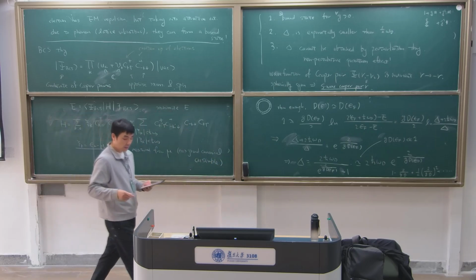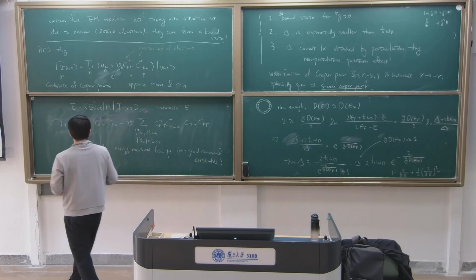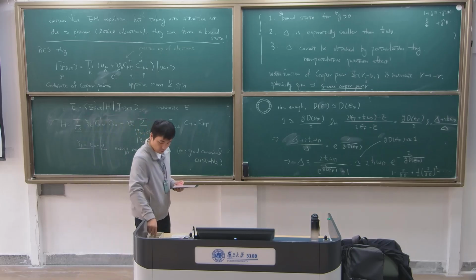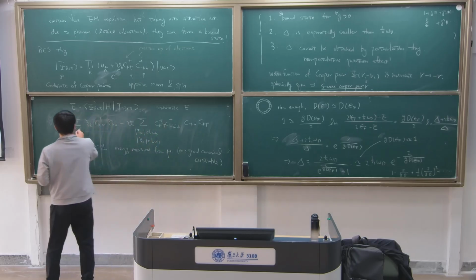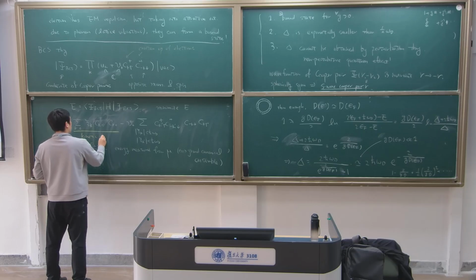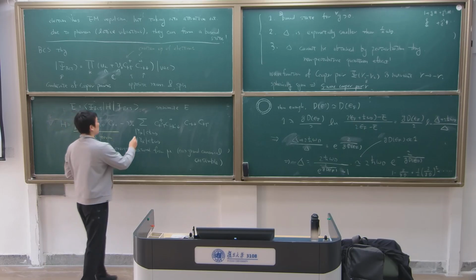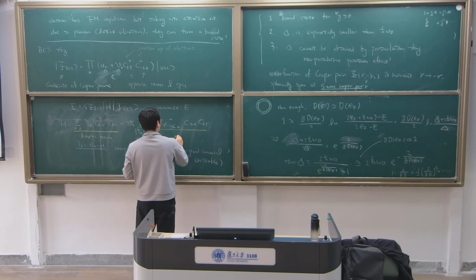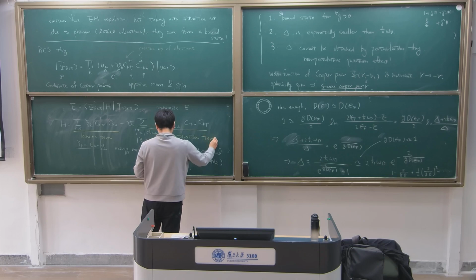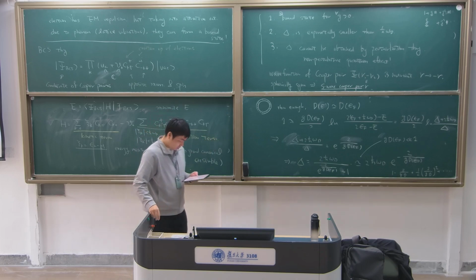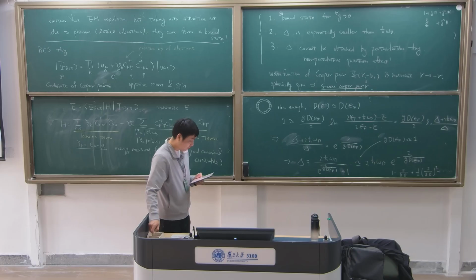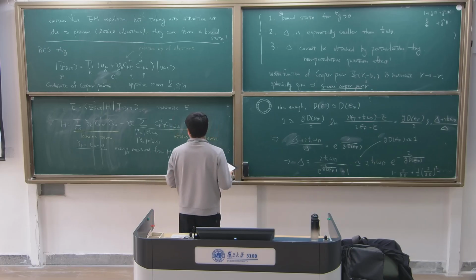So here we just have the kinetic term. And this is the interaction. So this is called the BCS Hamiltonian. So BCS considers a point interaction.